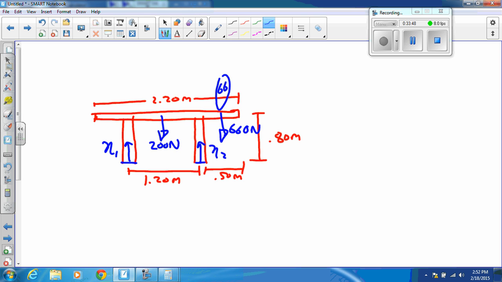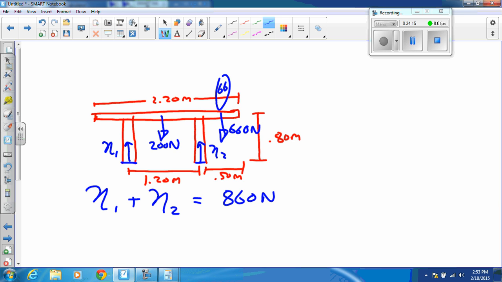What remains constant is that N2 and N1 have to together add up to the total weight of the things that are resting on them, which is 860 newtons. This remains constant, but how they are distributed will depend upon where the person sits. Does that make sense? Now, this person is going to sit as far over as he can.